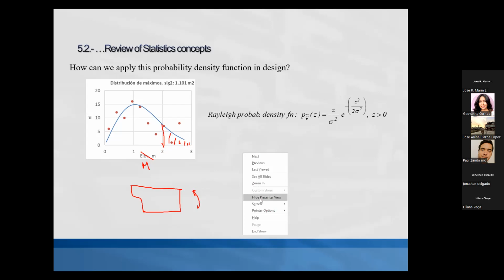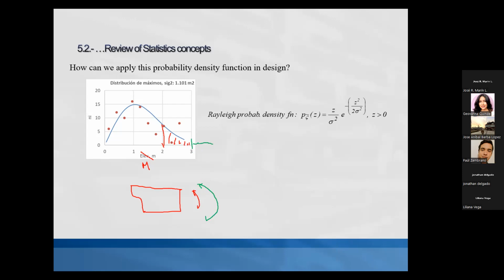What we can do is select another value of the bending moment to design my ship. So I take this value here, which is much larger, but the area here is going to be smaller.